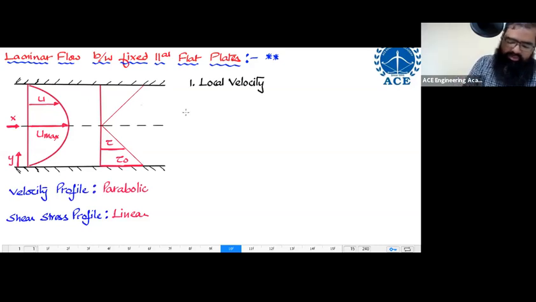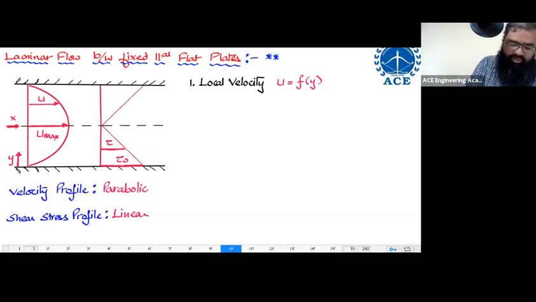This local velocity over here is u. And u should be a function of which axis? Remember, u can never be a function of the x-axis, because according to the steady nature, every section will have the same value of velocity. So u is a function only of the y-axis.